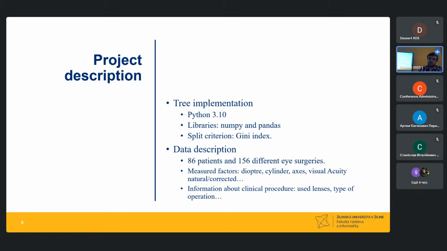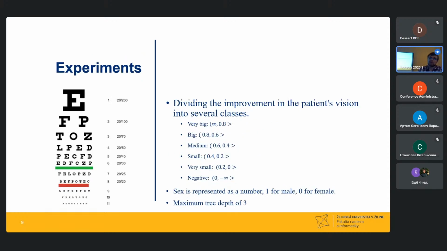And the measured factors were diopters, cylinders, axis, but also some information about the clinical procedures, for example, used lenses, type of operations, and so on. Before we could start experimenting, first we need to split our data into several classes.